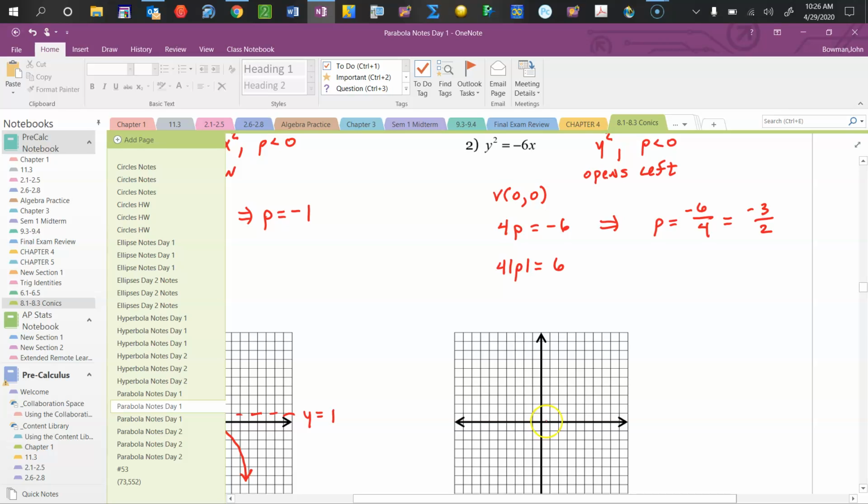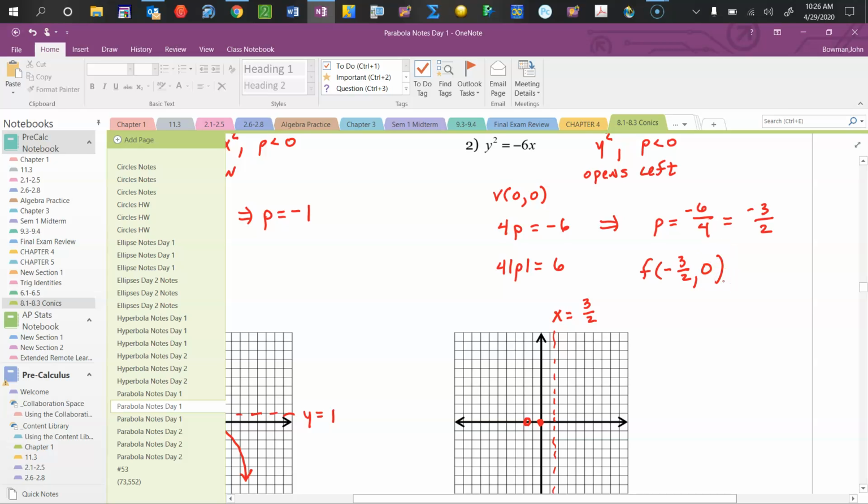So let's go ahead and graph that. We've got a vertex here. I know that it opens to the left, so the directrix is going to be on the right, 1.5 units away, and that is a vertical line, and all lines have equations, and that one has equation x equals 3/2. I have a focus over here. The coordinates of that focus, we'll call that F, are (-3/2, 0).